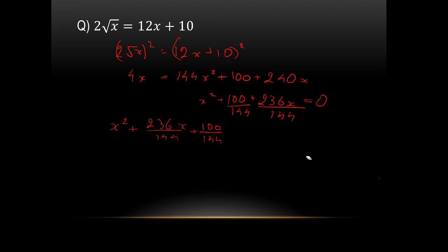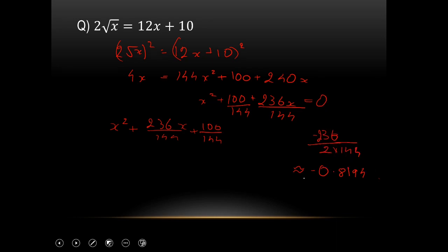In this case we will take minus 236 divided by 144, that is, minus 236 by 2 into 144. So it is equal to minus 0.819 recurring.